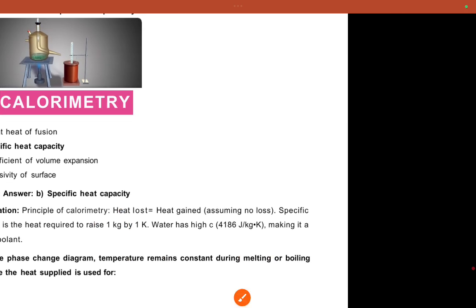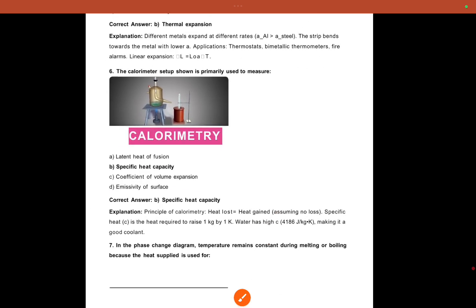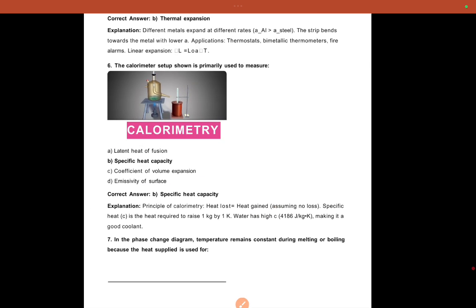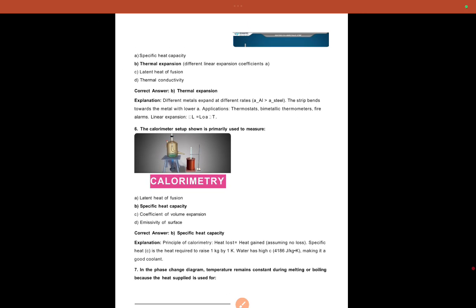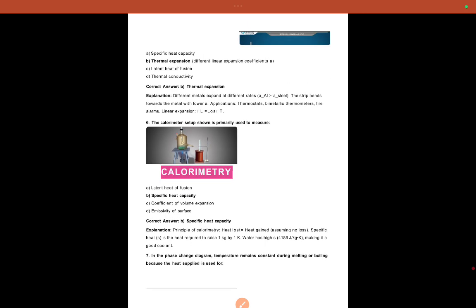Okay, I am going quickly, don't worry. Coming to question number 7, in the phase change diagram, temperature remains constant during melting or boiling because the heat supplied is used for what? When a phase change occurs, temperature remains constant during boiling and melting.